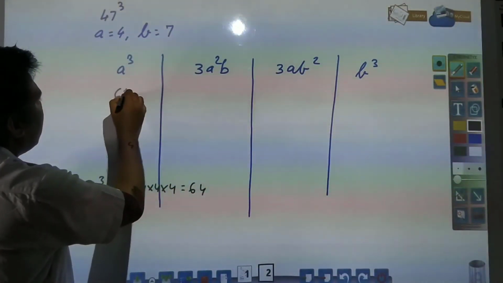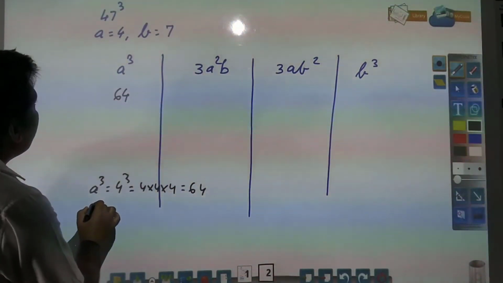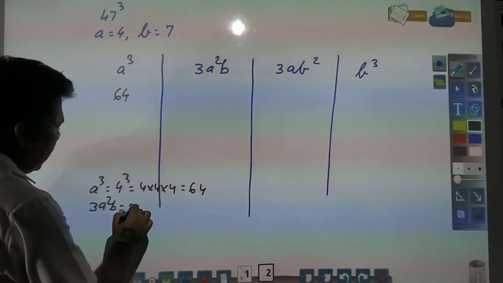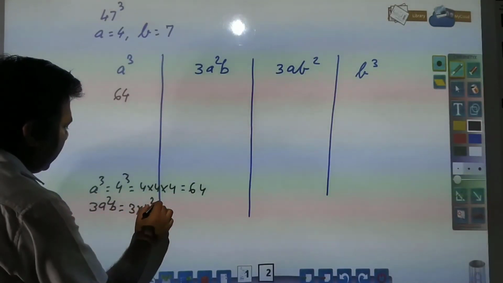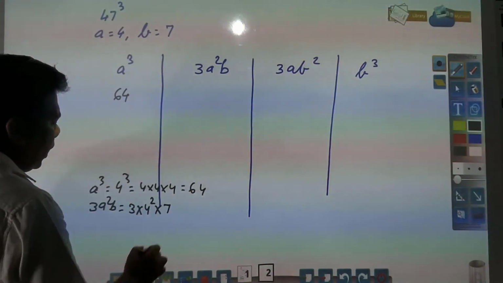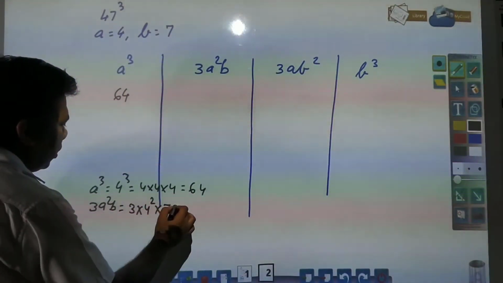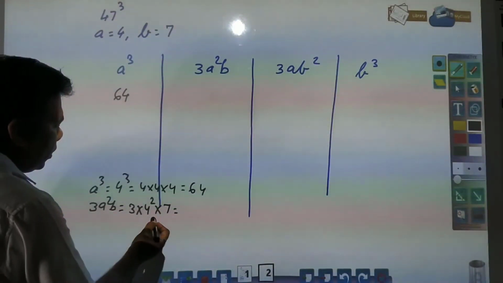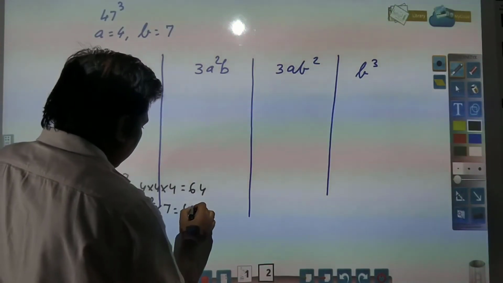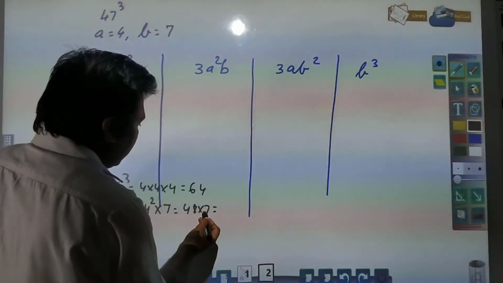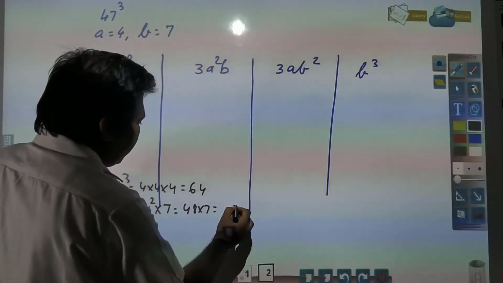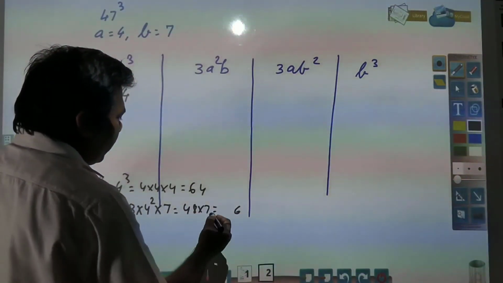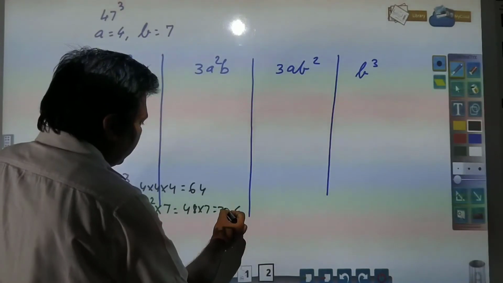So this you have got. Then we need to find out 3a square b, it means 3 into 4 square into 7, and this will be 4 fours are 16, 16 threes are 48 into 7, it means 7 eights are 56, 7 fours are 28 and 5 is 33.